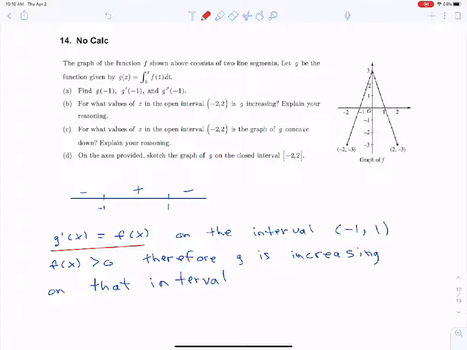I've taken the derivative of g, it equals f of x. Now I'm going to analyze f of x. I'm still talking about g. Again, I'm talking about g by saying I'm looking at f. That is fine. I hope that answered that question because I kind of lost it in the middle.